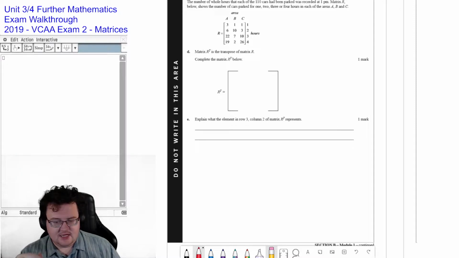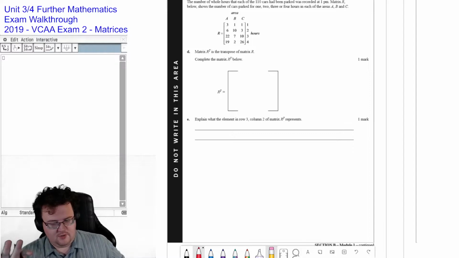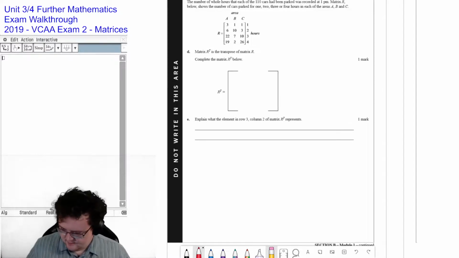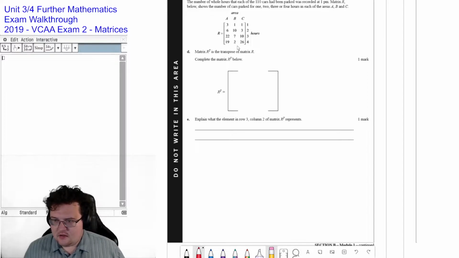Now, matrix RT is the transpose of matrix R. So this is where we are going to turn it and rotate it, but in such a way that this here will actually go all the way up to the top right-hand corner. So bottom left becomes top right.